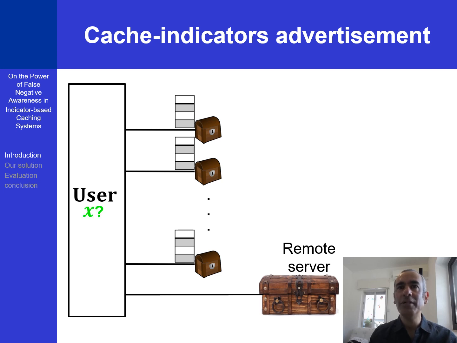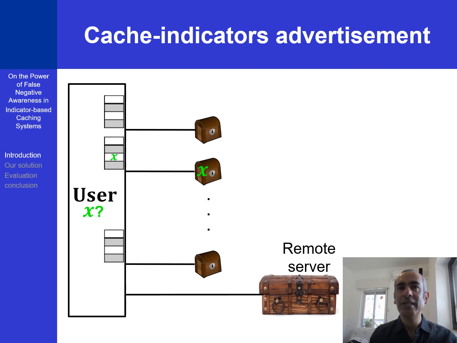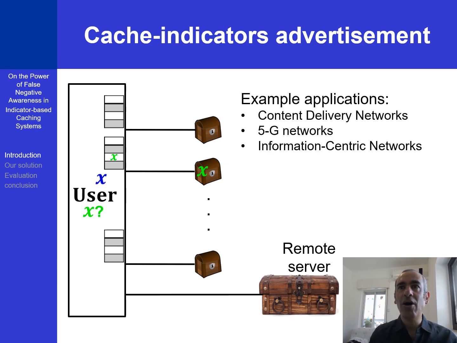Now, when the user is looking for a datum X, the user can know which of the caches is likely to store this requested datum, access this cache, and obtain the requested datum efficiently. This advertisement mechanism is commonly used in various networking domains, such as content delivery networks, 5G networks, and information-centric networks.